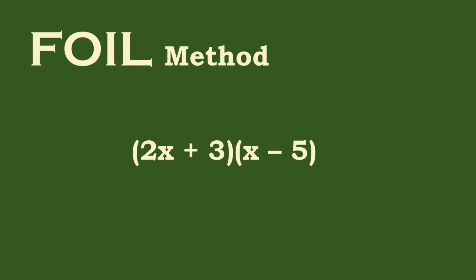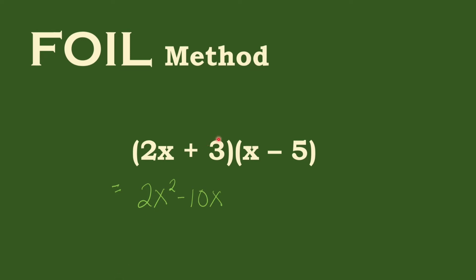Now, let us get the product of the first terms. So that would be 2x times x. That will be 2x squared. And then the product of the outer terms, 2x and negative 5, would be negative 10x.